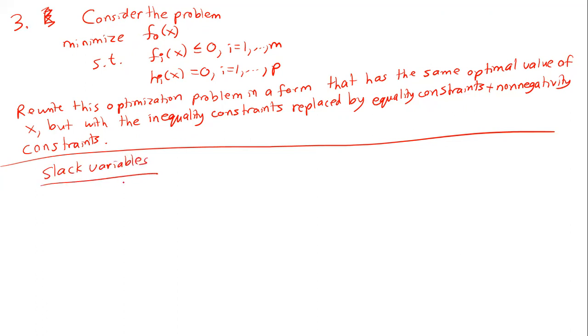And so the idea here is to note the following. If you have fi of x less than or equal to 0, that's your first constraint right here. This is true if and only if there exists some si greater than or equal to 0 such that fi of x plus si is equal to 0. Note that what this means is that I have some margin.